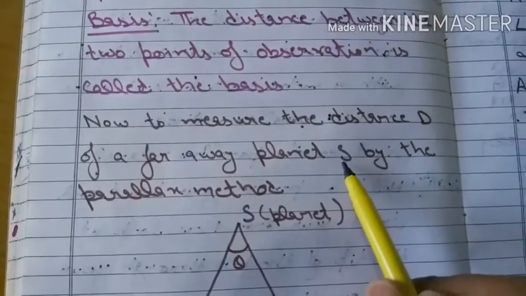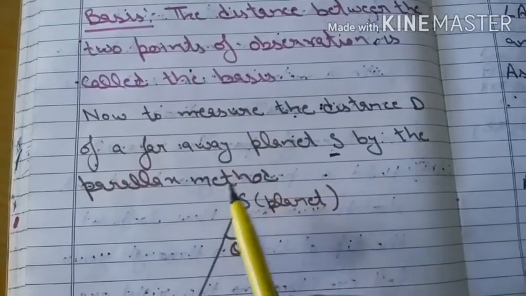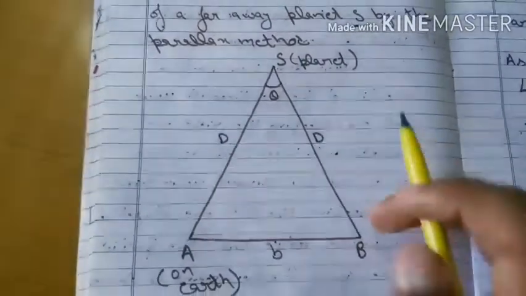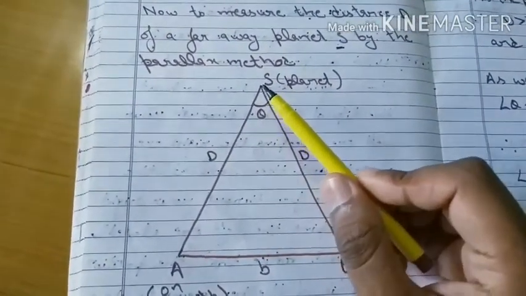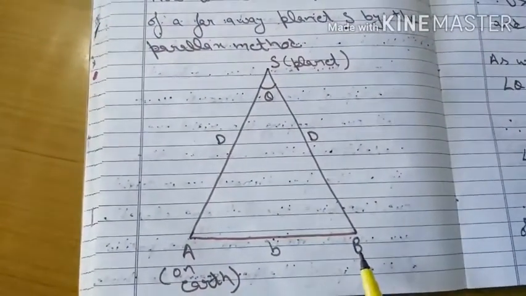We will use it to measure the distance of a planet S which is very far away from Earth. So firstly we will draw a diagram. This is the planet S whose distance from Earth we have to calculate, and these A and B are two observation points on the Earth.